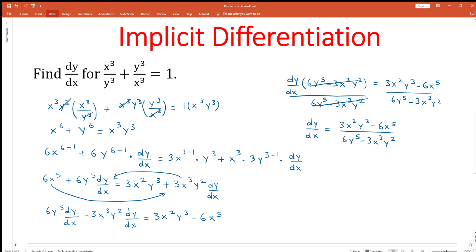Next, we can simplify this expression by doing common factoring in the numerator and denominator. In the numerator, we can factor out 3x squared from both terms, and in the denominator, we can factor out 3y squared from both terms.